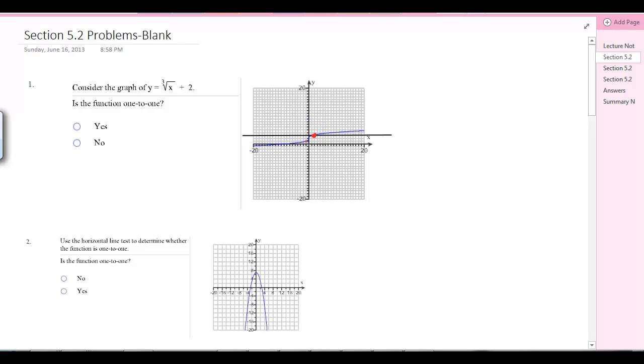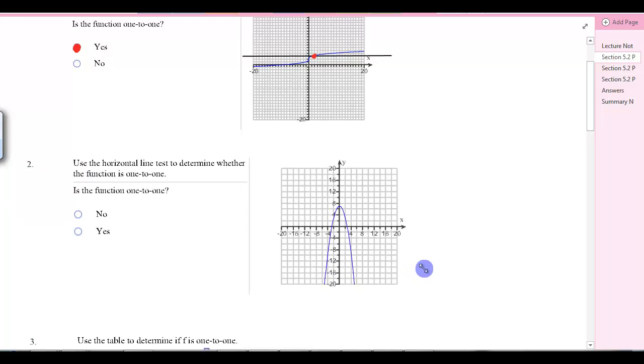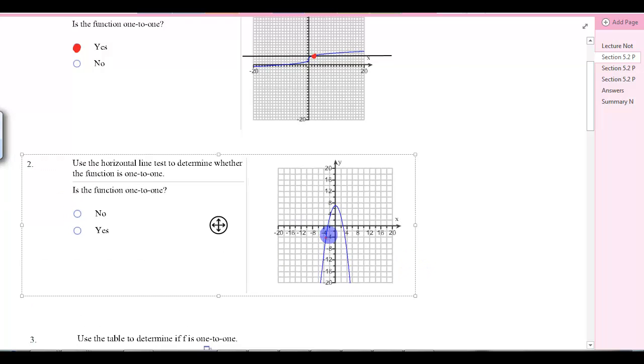I hit just once. So that is 1-to-1. All right. Let's look at this one. We saw this one kind of in our original notes, and we hit that thing twice, so that is not 1-to-1.